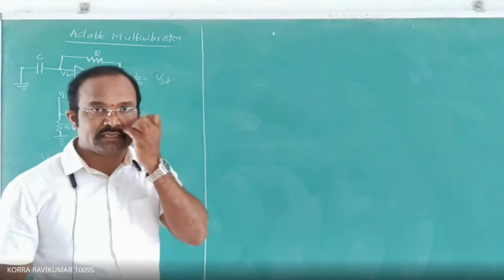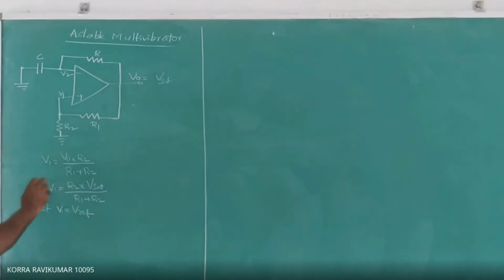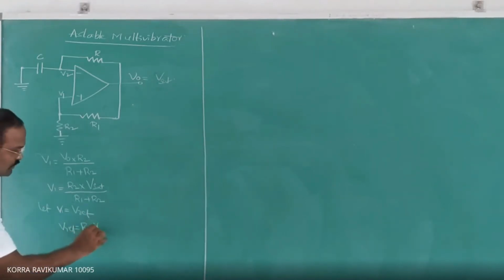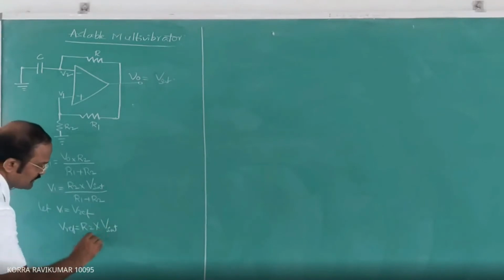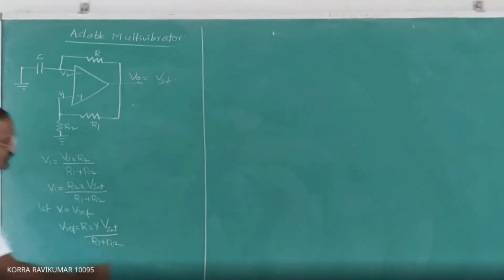V1 acts as the reference voltage. That is, let V1 be equal to V reference. Then the expression becomes V reference is equal to R2 into V saturation voltage divided by R1 plus R2.